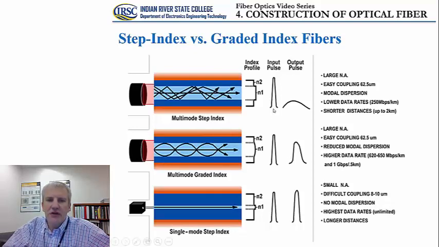Each of the fibers has an input pulse of the same width, but the output pulse that arrives on the other side of the optical fiber is significantly different. In the case of a single mode stepped index fiber, the width of the pulse is relatively similar to the width of the input pulse. In other words, we didn't have a lot of dispersion occurring during the whole propagation.